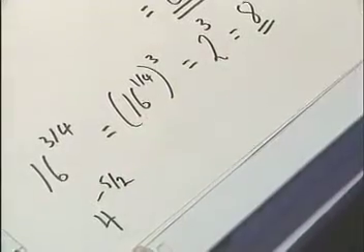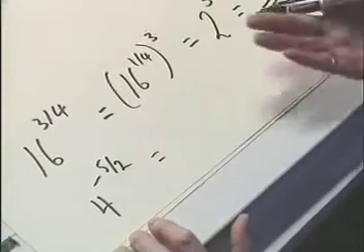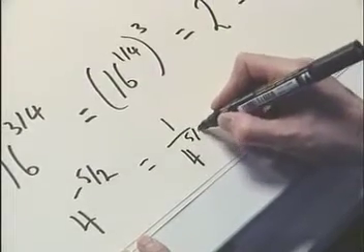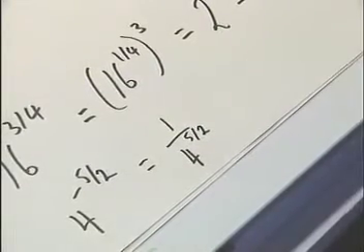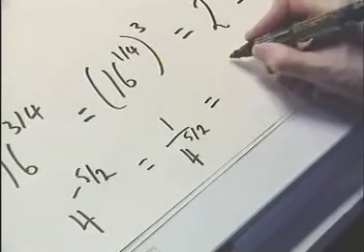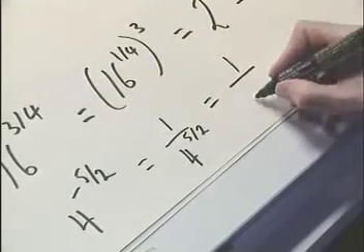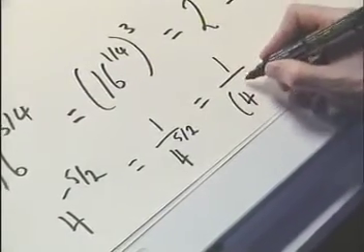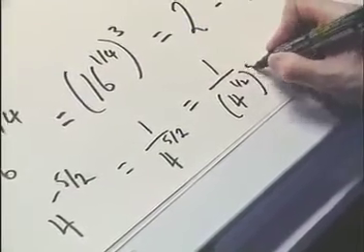4 to the power -5/2. Let's deal with the minus sign first. Minus sign means 1 over. Put it into the denominator. 4 to the power 5/2. That's 1 over 4 to the half, to the power 5.